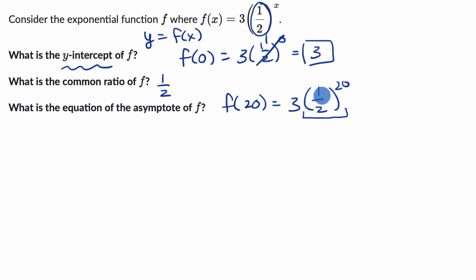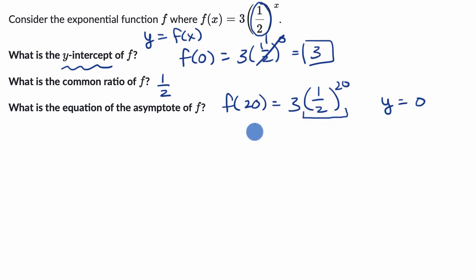So if you take it to the 20th power, 30th power, 100th power, you're getting closer and closer to 0 without actually equaling 0. So as x gets bigger, our function is approaching y equals 0. So we could say y is equal to 0.